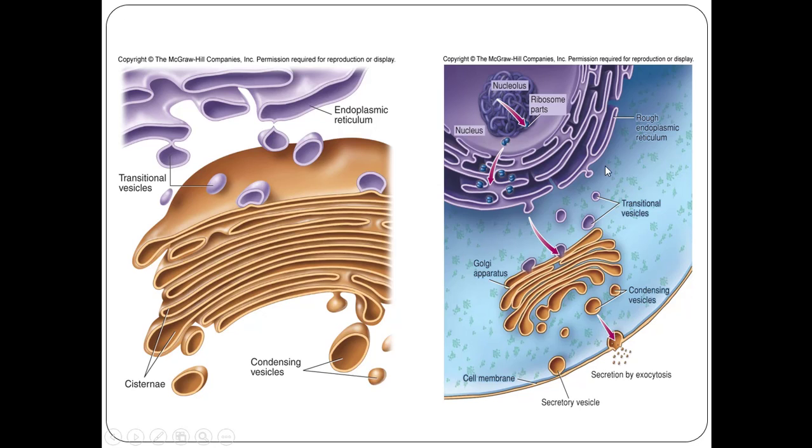Another depiction of that. Ribosome portions are coming from the nucleolus, through the nucleus, through these transitional vesicles from the rough ER, down to the Golgi apparatus, into these condensing vesicles, and secretion by exocytosis.